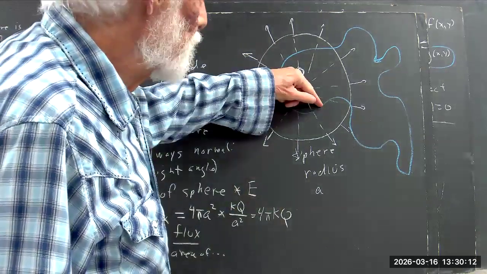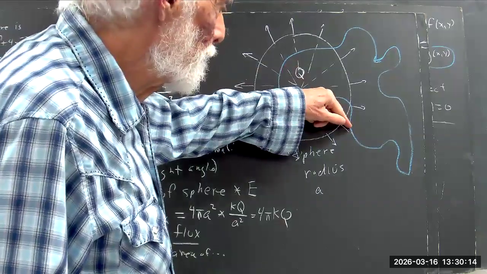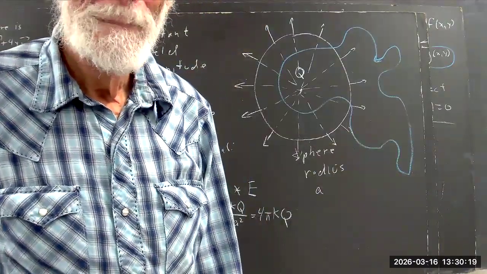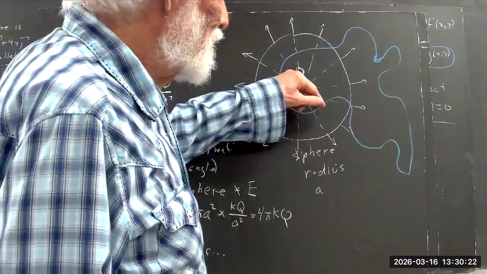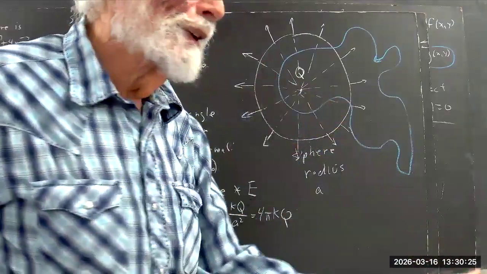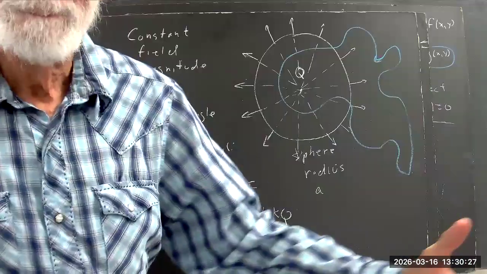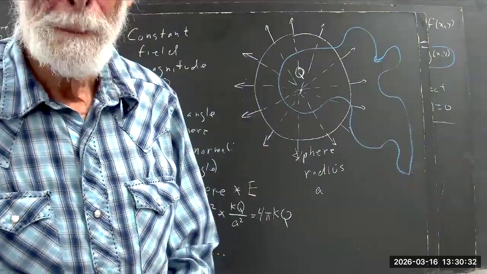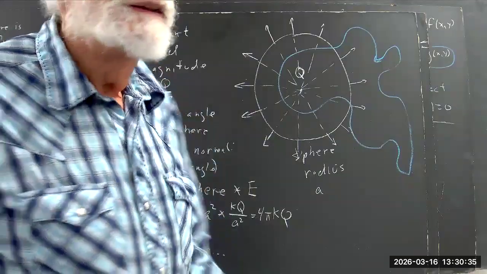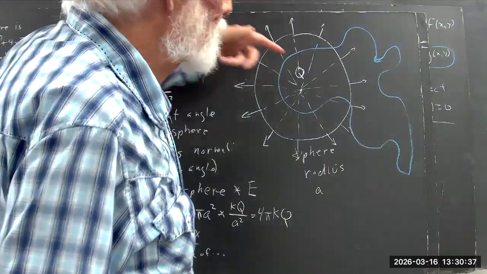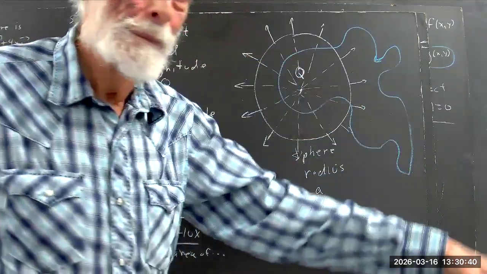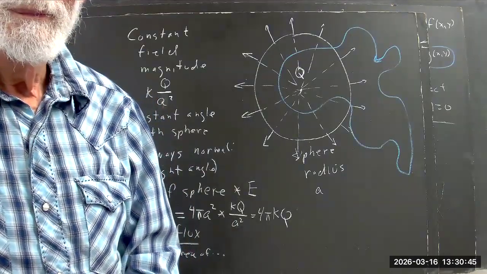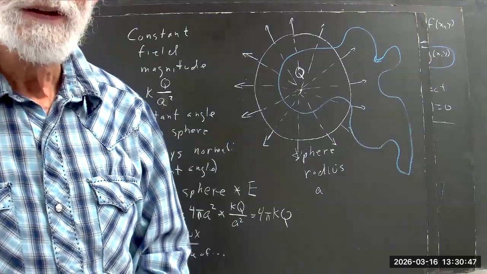The field exits here, enters here, exits here, enters here, exits here, right? So you have to take what exits minus what enters, and that gets a little complicated. Fortunately, you don't have to do that, because you know that the net flux out of this thing is 4 pi kq. The net flux is what the net flux is.